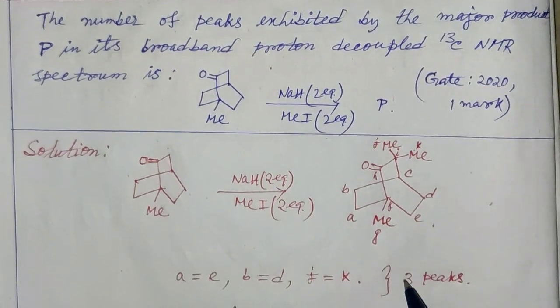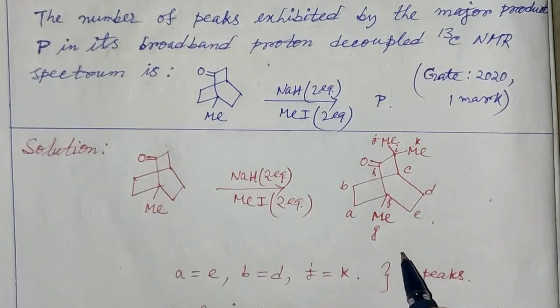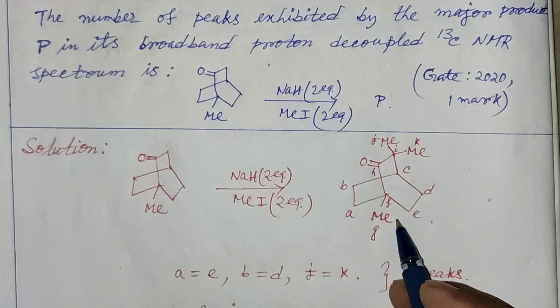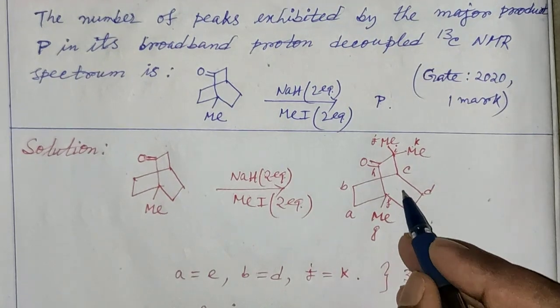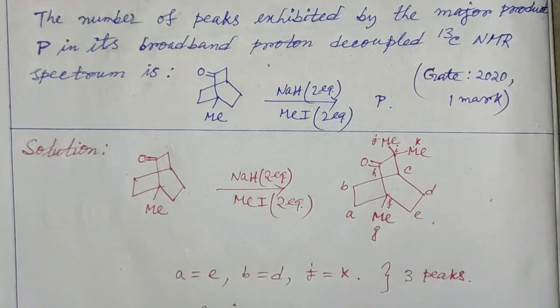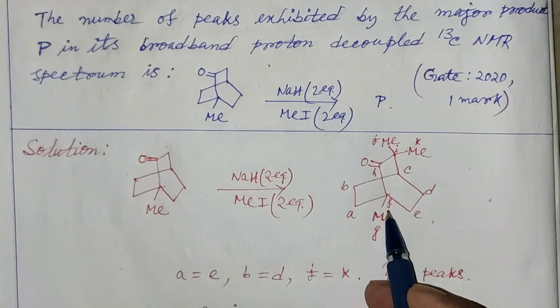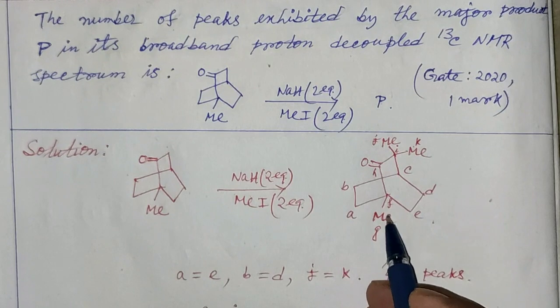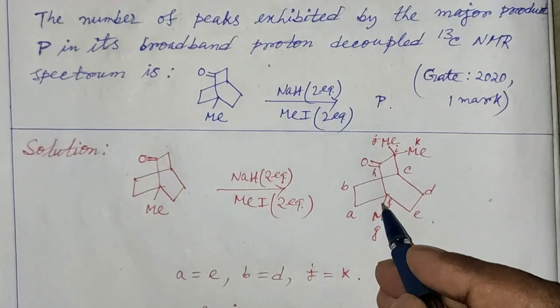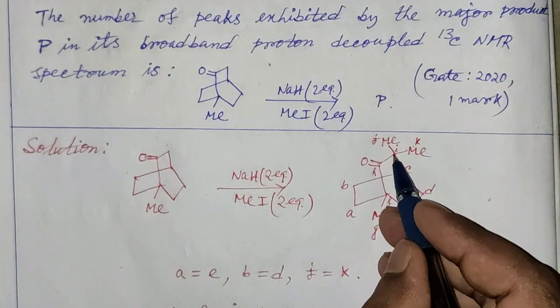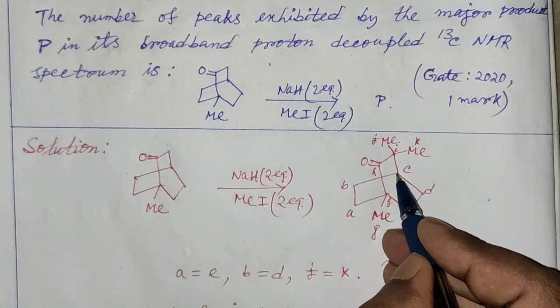Now we have to see how many different chemically equivalent carbon atoms are present within this molecule. I have numbered the carbon atoms like this. If we see carefully, we can observe that there is a sigma plane containing this methyl carbon, this one, and this one.